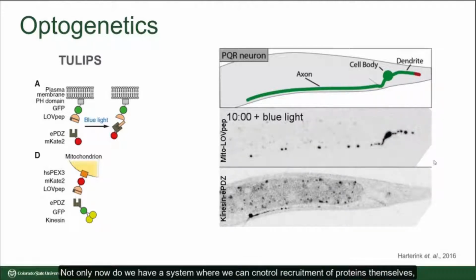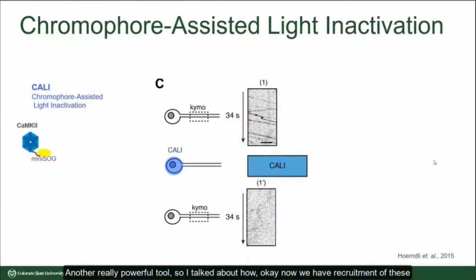So not only do we now have a system where we can control recruitment of proteins to themselves, but we can also control things such as transport. There are a multitude of questions that you can now ask with this system, and really it's only hindered by your creativity.